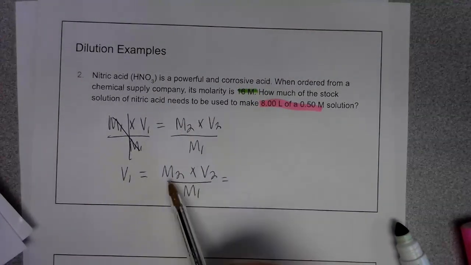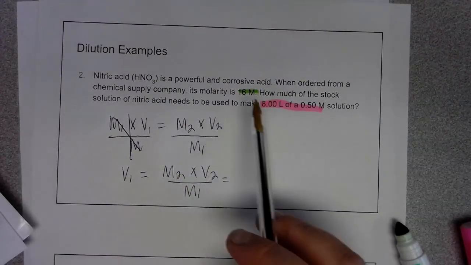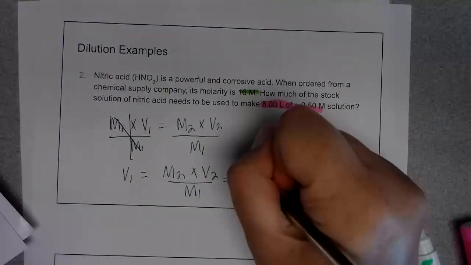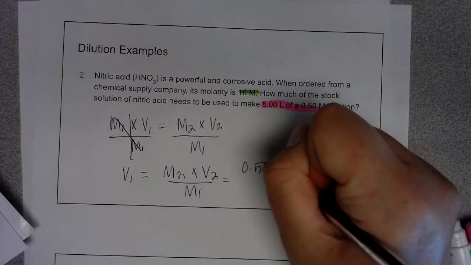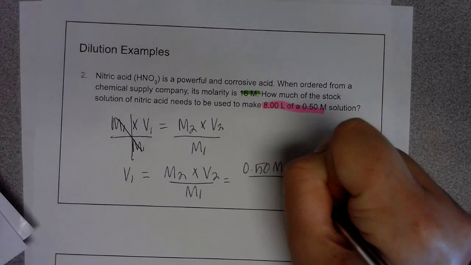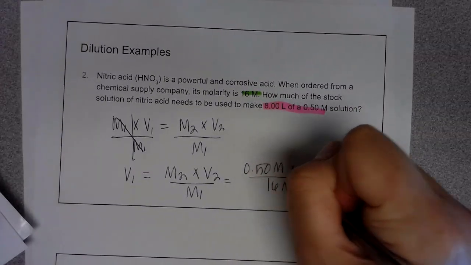It doesn't matter which ones you assign 2 to and which ones you assign 1 to, as long as you're consistent in your problem. So my molarity 2 was 0.5 molar times 8 liters of solution divided by 16 molar.